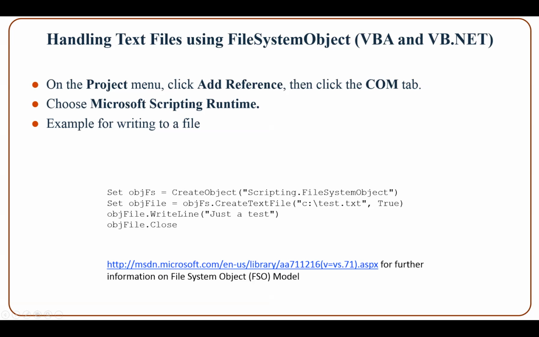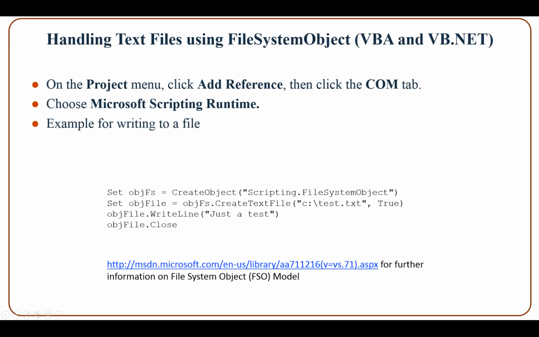This is an example for VBA. You need to create a FileSystemObject using CreateObject, and once you have the object, you can create text files using the CreateTextFile method, and then write to the file using the WriteLine method.